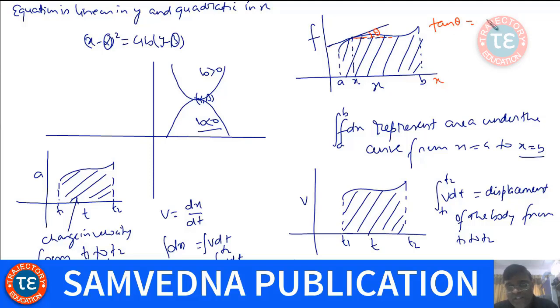So the slope of this tangent gives you the derivative of that function with respect to x at x naught. This is giving you the slope of the tangent drawn at x equal to x naught.